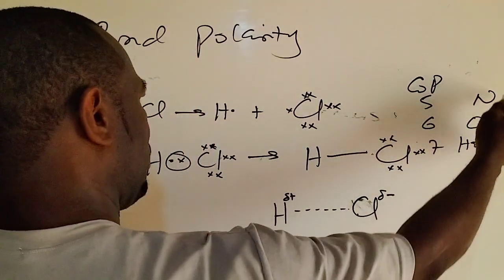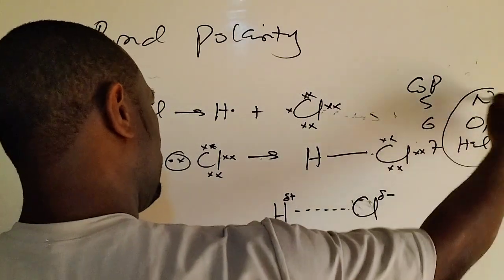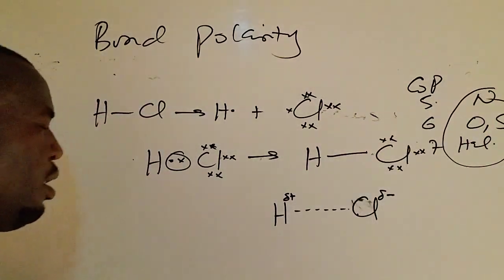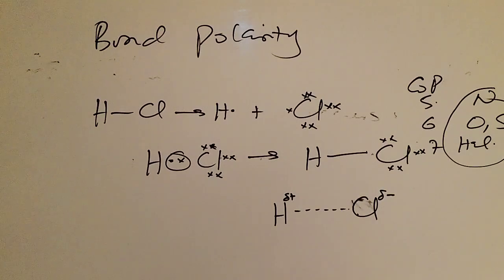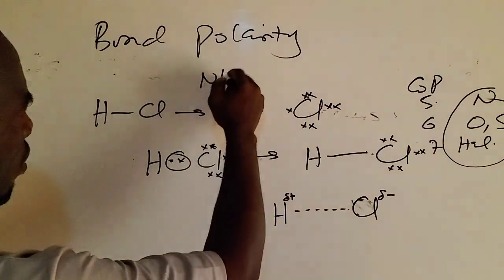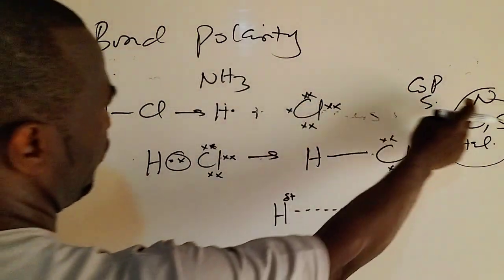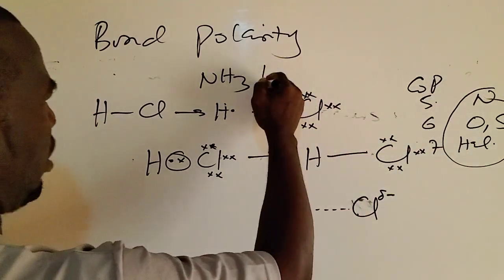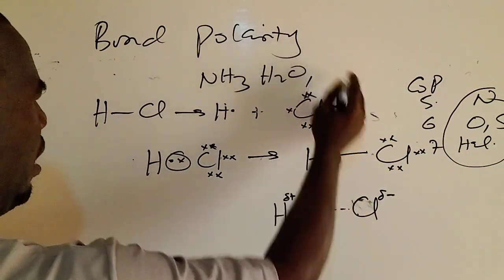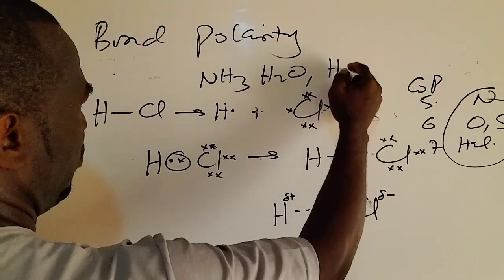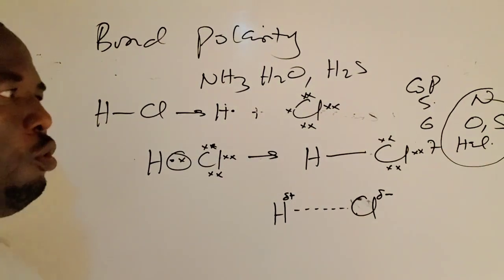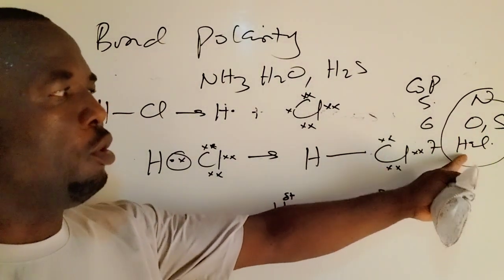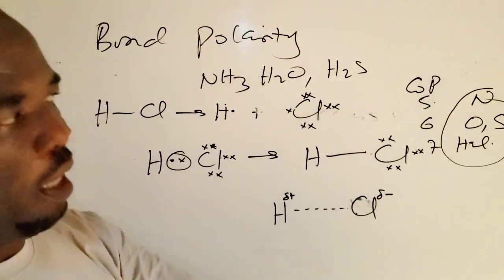So when hydrogen is bonded to most of these elements in group 5, 6, 7, it is sure that the bond is 90 to 95% supposed to be polar. Like ammonia is a polar molecule, nitrogen being in group 5. With oxygen, water is polar. With sulfur, hydrogen sulfide is polar. With halogens, chlorine, bromine, iodine bonded to hydrogen, the molecules are all polar.